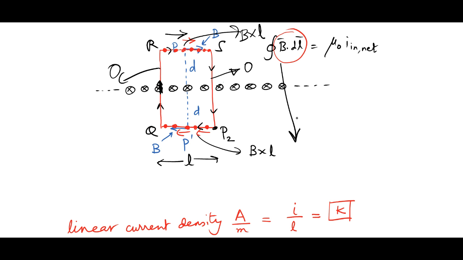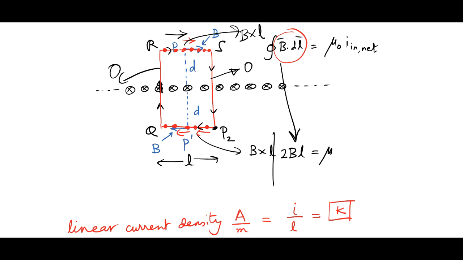Now that would mean that this integral reduces to BL coming from the lower side of the rectangle and another BL from the upper side, so it is going to be twice BL, where B is the magnitude of the field at point P as well as P dash.